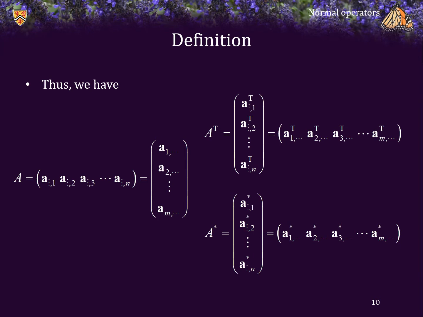The same goes for the complex conjugate transpose. However, in that case, we have to take the complex conjugate of each entry in those vectors.